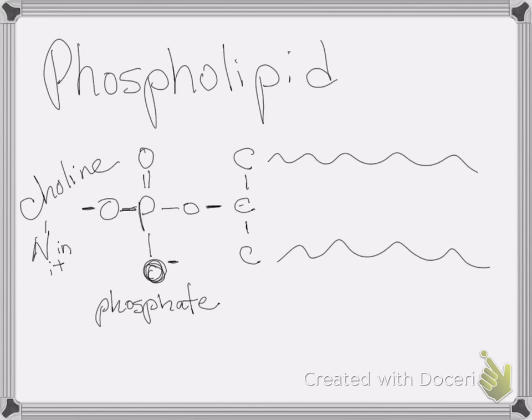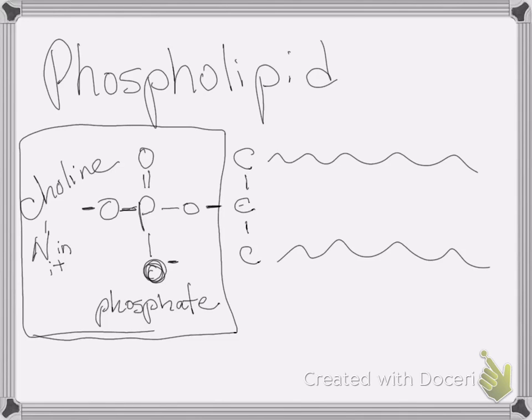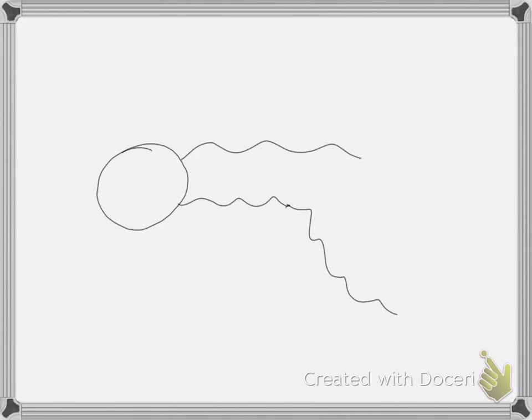So when we look at the phosphate-containing part of the phospholipid, it's polar and partly ionic. So is it hydrophilic or hydrophobic? Philic. And what about our fatty acids? Phobic. So what we have when we make a phospholipid is this molecule that we're just going to abbreviate as something that looks kind of like this.